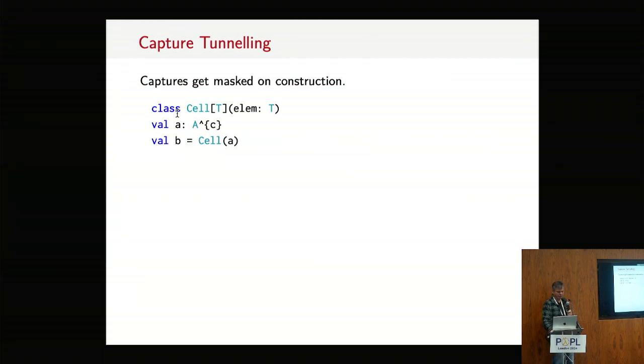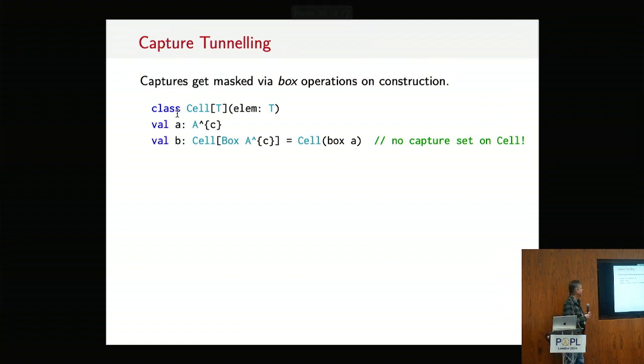Well, I have to infer the type parameter of Cell, so that would be A^{C}, but it's not A^{C}, because I go into a generic representation here, so I have to box it. So there's this type, which I write in ASCII with box. And the same happens in the actual argument that I pass.